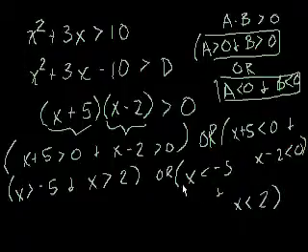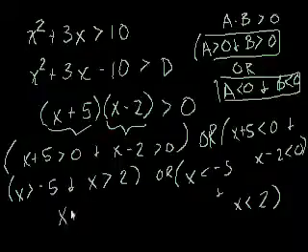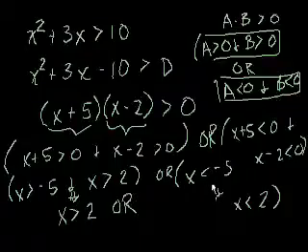Now we can actually simplify this, because here we say that x is greater than negative 5 and x is greater than 2. So in order for x to be greater than negative 5 and greater than 2, this could just simplify as saying x is just greater than 2, right? Because if x is greater than 2, it's definitely greater than negative 5. And here we said x is less than negative 5 and x is less than 2.